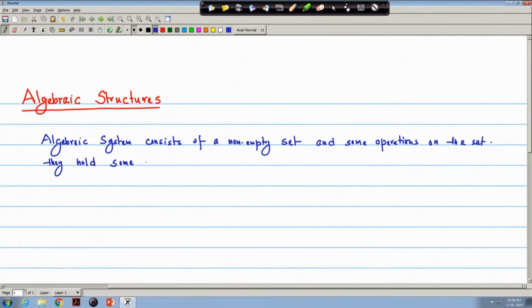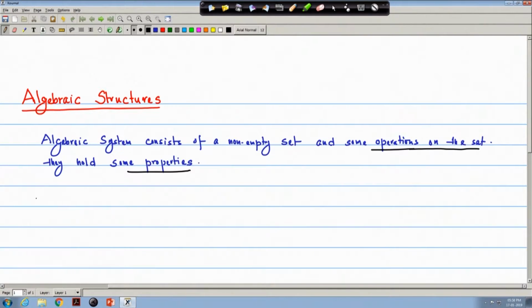Based on these properties we will try to identify the different systems and the structures they hold. So the main important thing is the operations on the set that we define, and the properties also. First we define what these operations are.